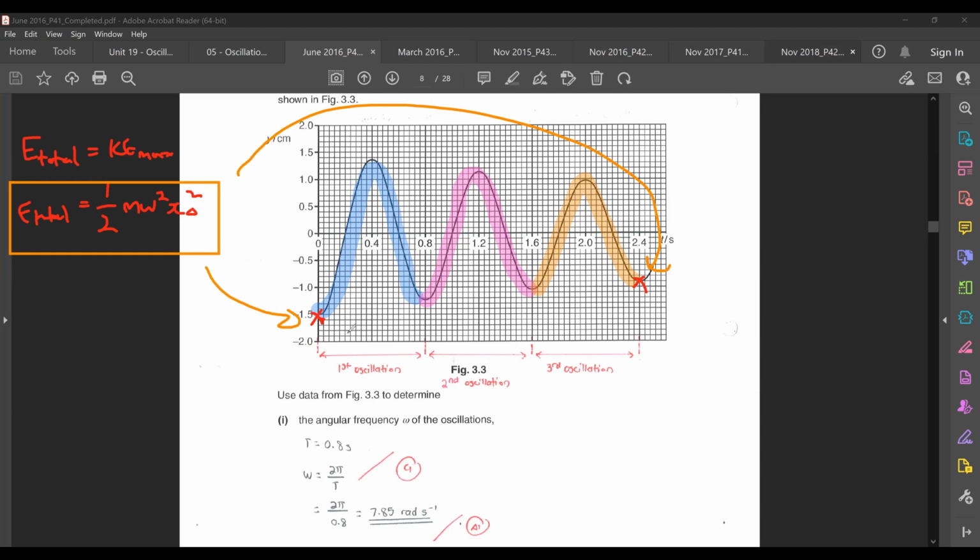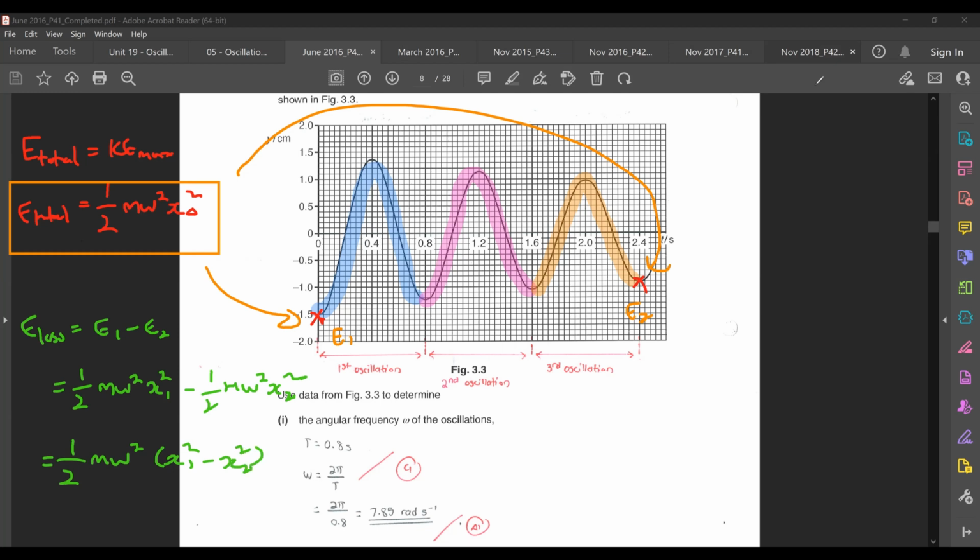Okay, let's just say that this one is E1, this one is E2. Your energy loss is really just E1 minus E2. So here you get half m omega square x1 square minus half m omega square x2 square, which can be factorized out as half m omega square times x1 square minus x2 square.